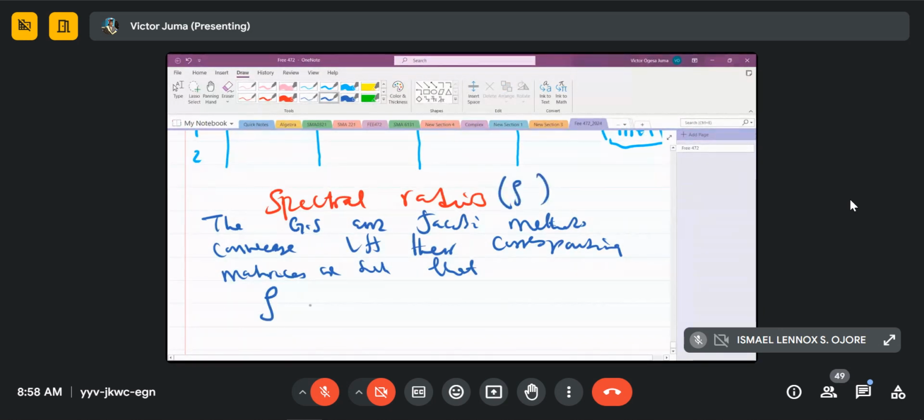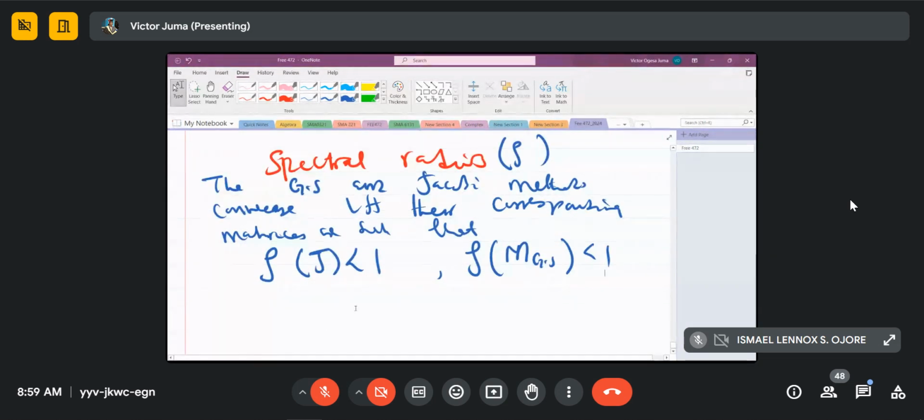For example, rho of J has to be less than 1 for the Jacobi, where J is Jacobi. And then rho of the Gauss-Seidel matrix, this is just the symbol, also should be less than 1. And basically, rho of a matrix A is the magnitude of the dominant eigenvalue.